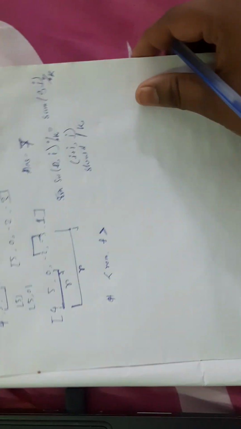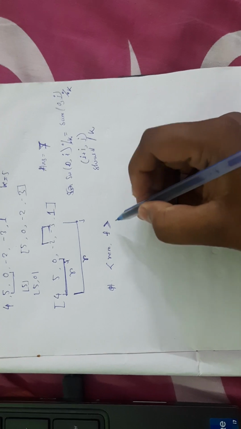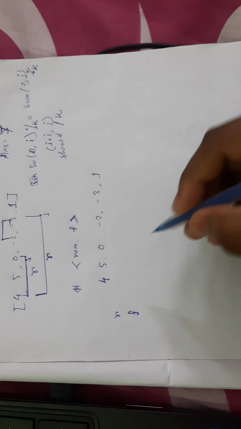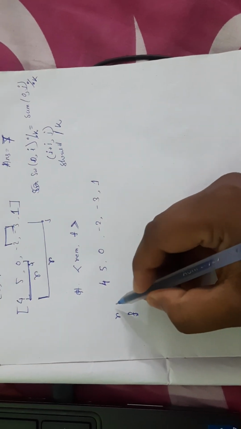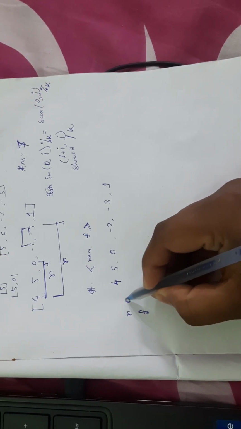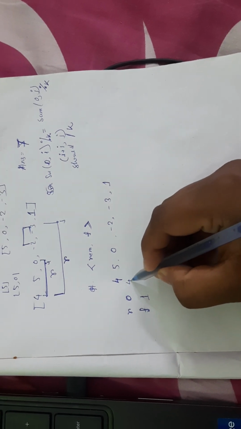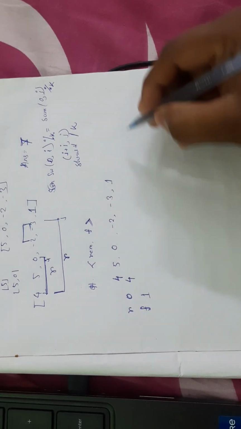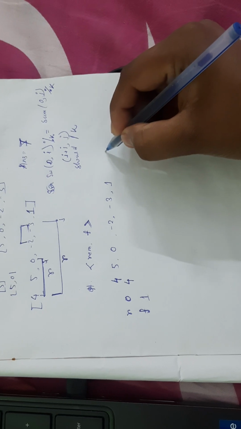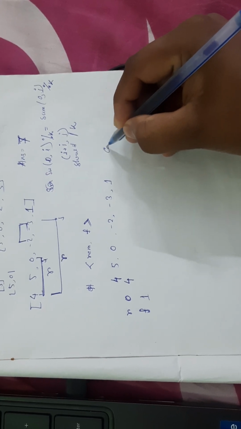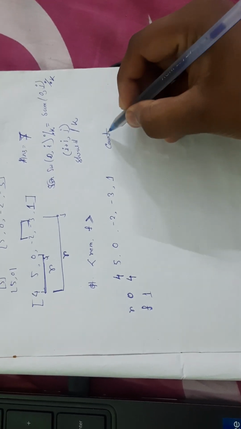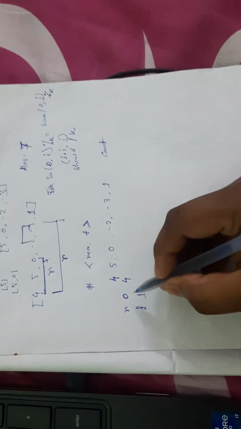Okay, now let's see an example. Initially we can see that the remainder is 0 and the frequency of 0 is 1. Now we are getting the remainder as 4, and we will have a variable count that will store the result.